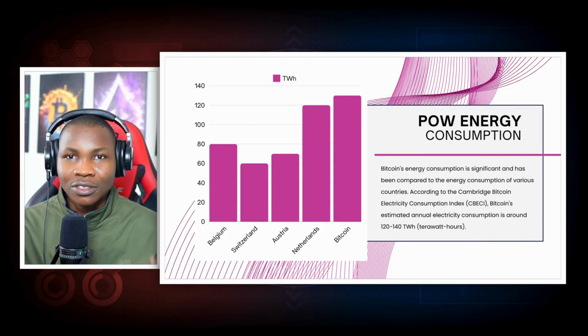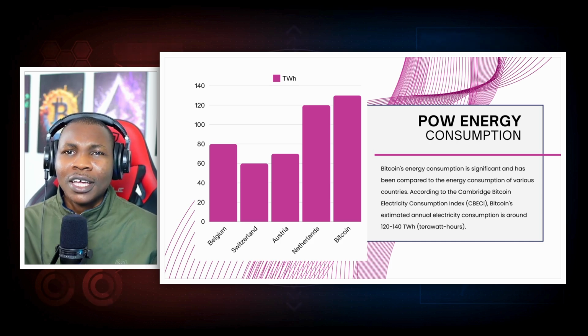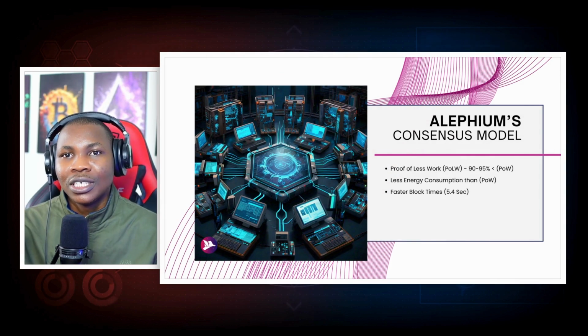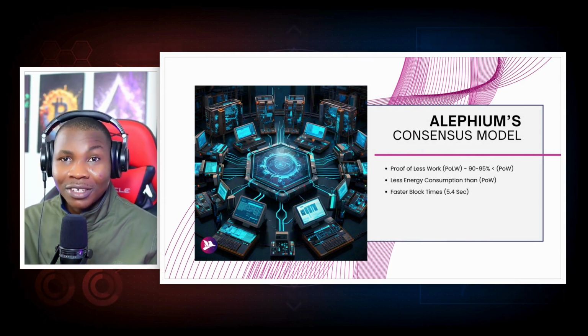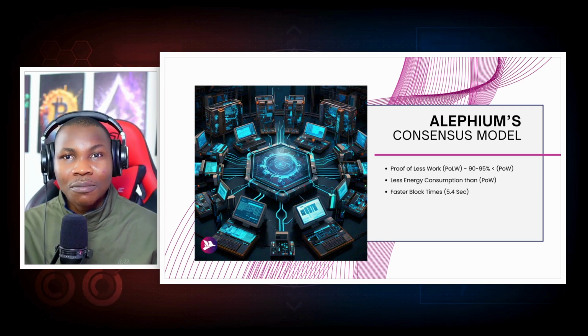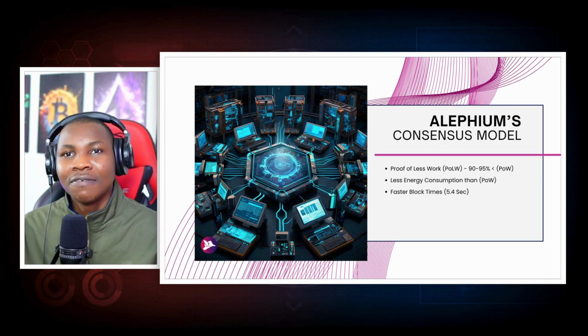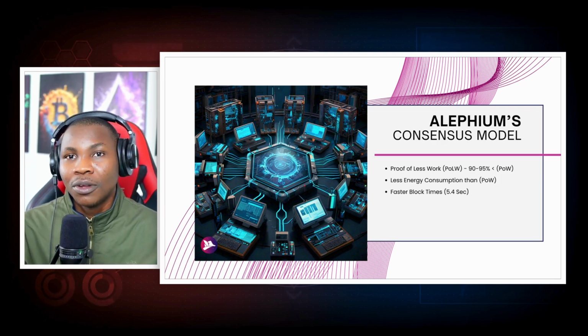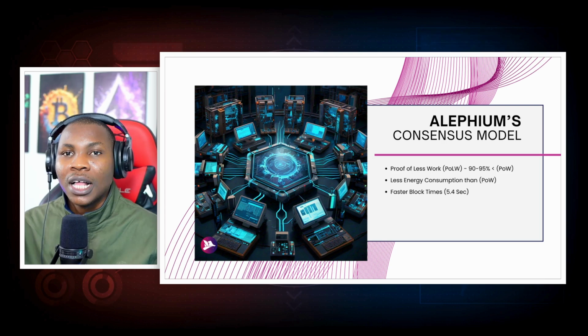I mean, whole countries, because of the intense power usage that the algorithm subjects your machine to, to calculate some computations to validate if a transaction is valid or not. But the Alephium blockchain uses proof of less work.